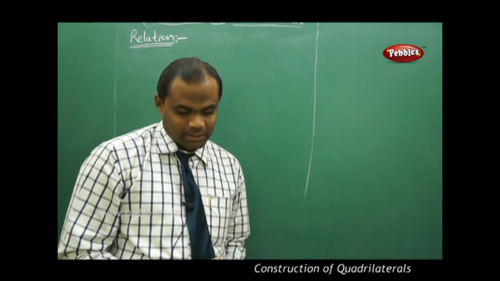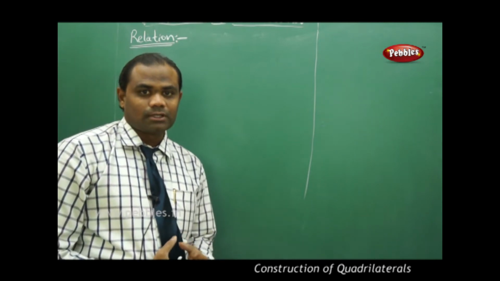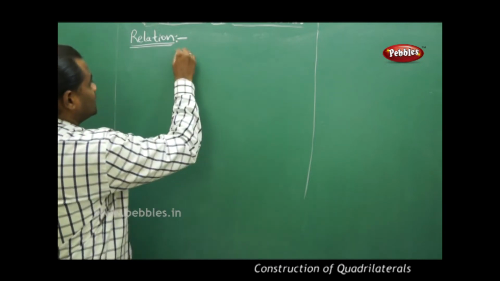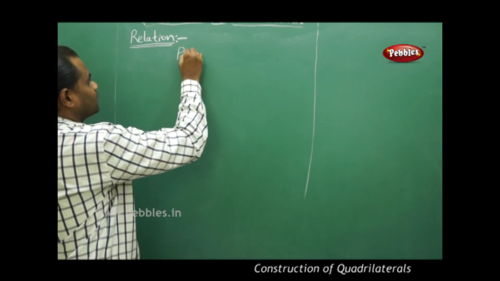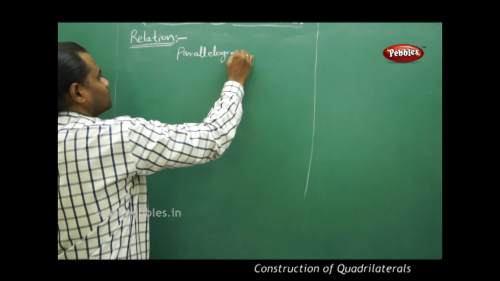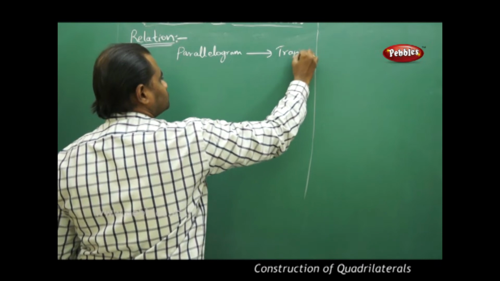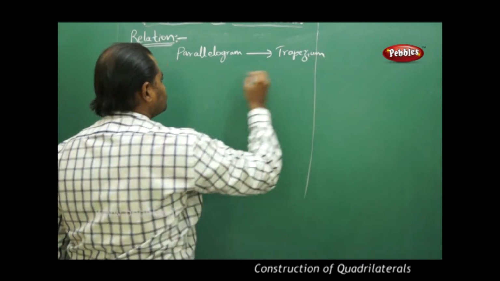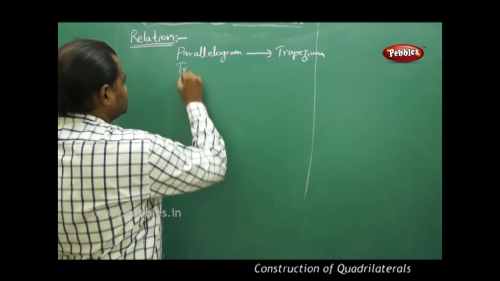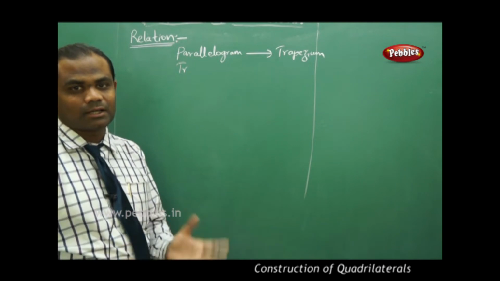So now that we have discussed a trapezium and a parallelogram, let's also see how they are related. Now, interestingly, I say that every parallelogram is a trapezium, but every trapezium is not a parallelogram, because in case of a parallelogram, two pairs of sides are parallel.